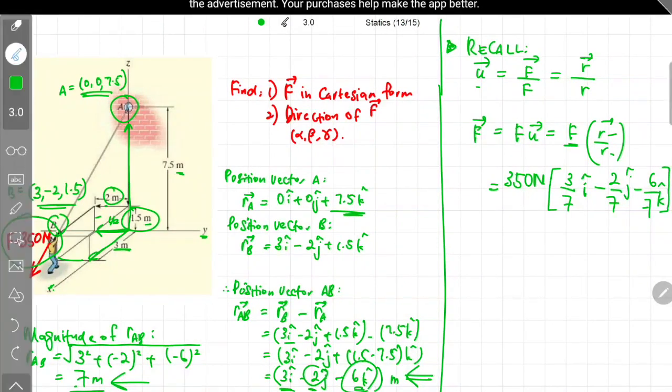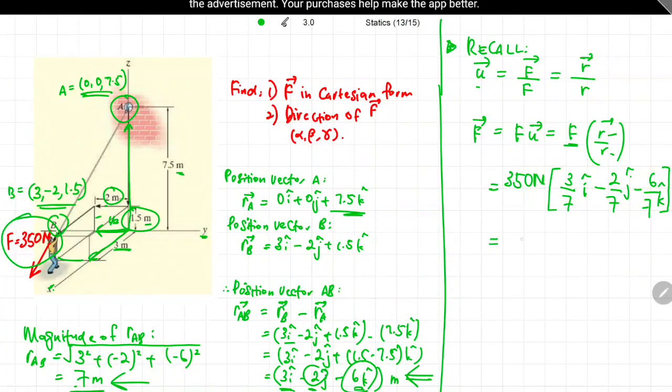Okay? You multiply the magnitude dalam kurungan tu dengan 350 Newton and you will get a corresponding vector of 150i minus 100j minus 300k. Okay, so that is the force vector in Cartesian form. So you have answered the first part of this question.